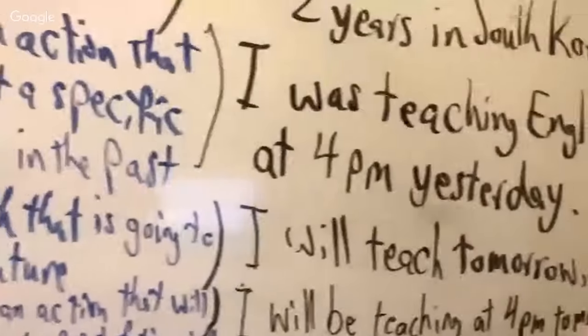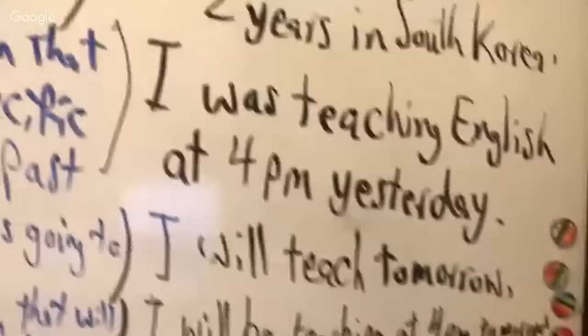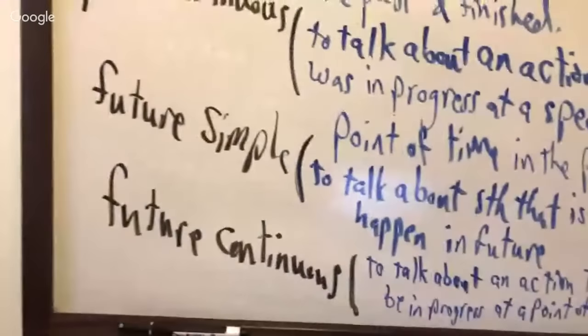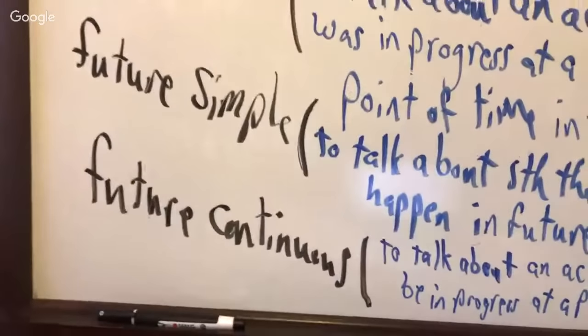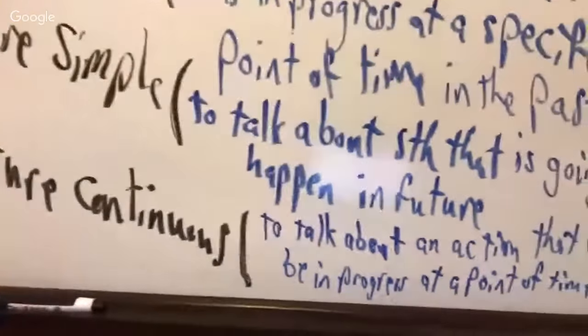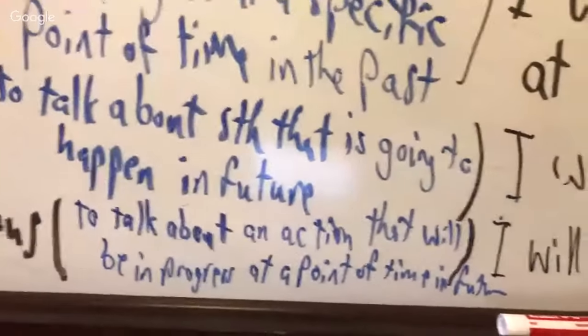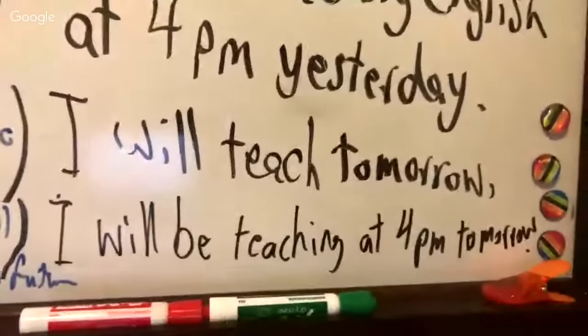Example is, I will teach tomorrow. And the 6th tense we talked about was future continuous, which is used to talk about an action that will be in progress at a point of time in future. For example, I will be teaching at 4 p.m. tomorrow.